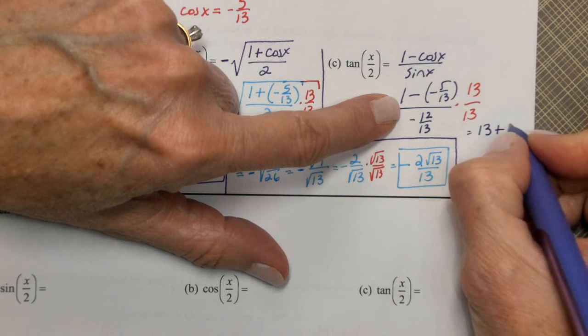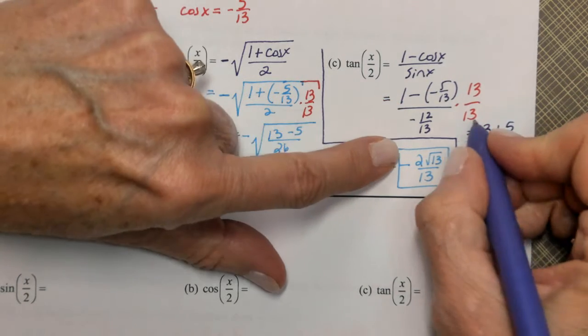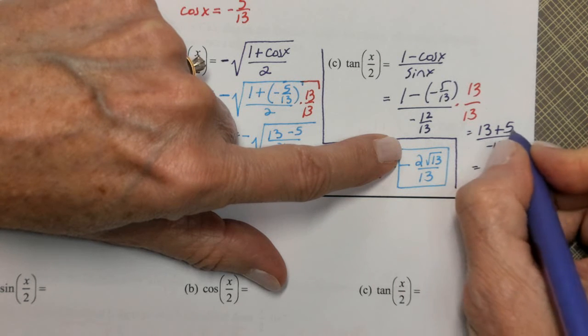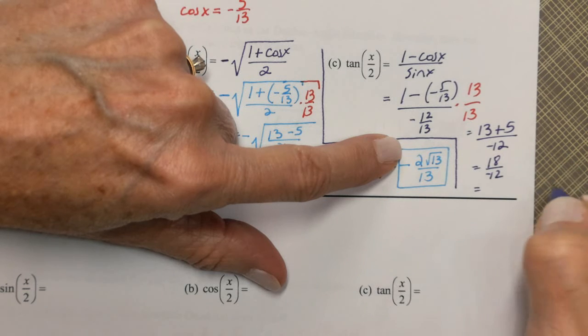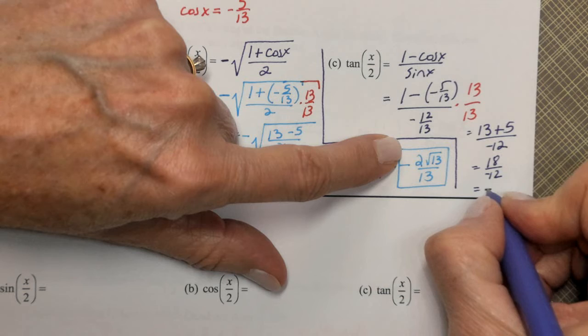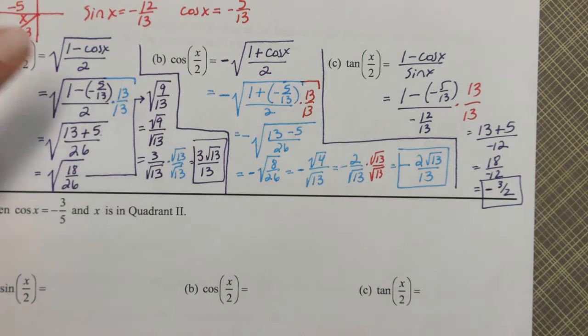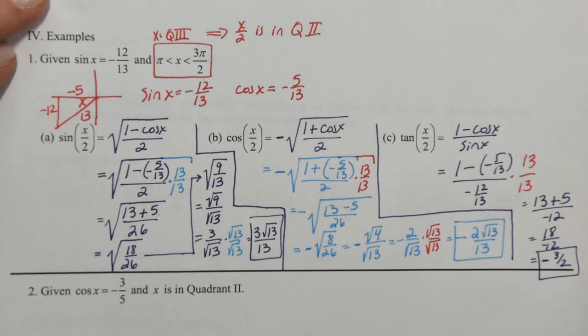I'm going to have a plus here. These 13s will cancel, leaving the 5, and these 13s will cancel, leaving the negative 12. 13 plus 5 is 18 over negative 12. There's a 6 in common, and we'll have negative 3/2. So, a bit more messy, much messier than the double angle formulas.